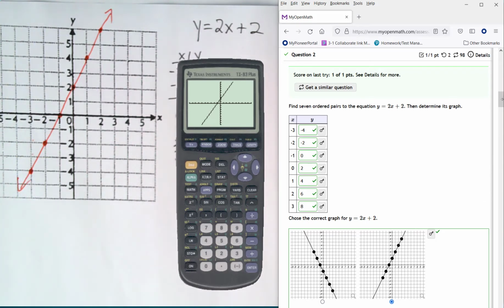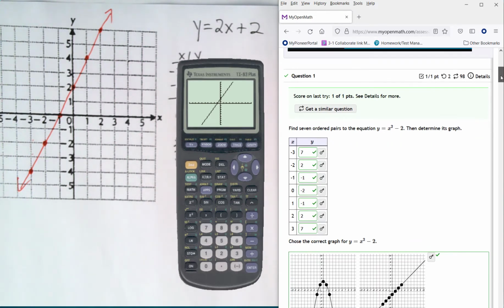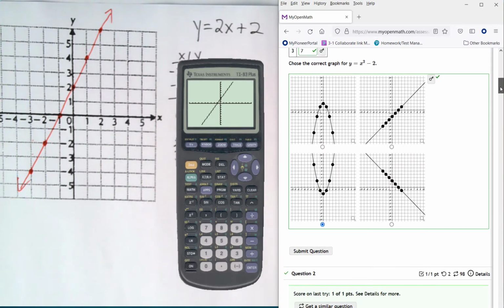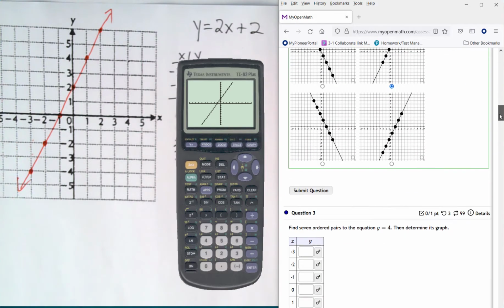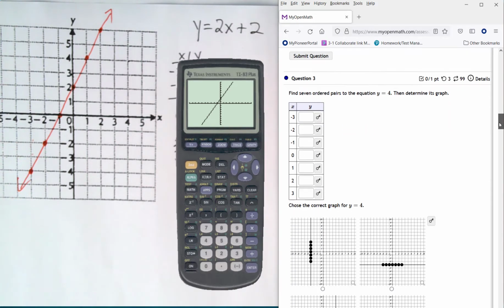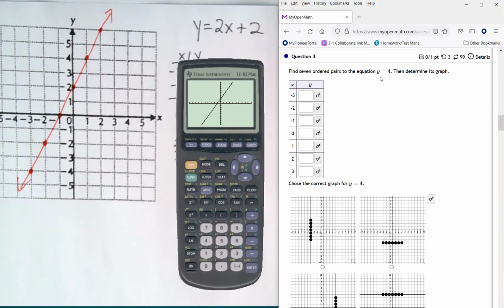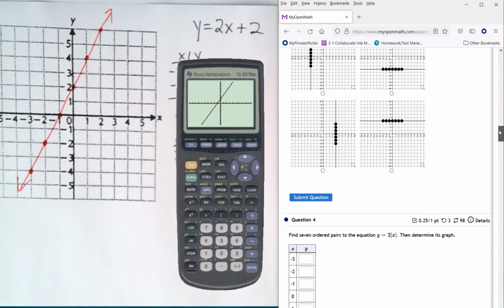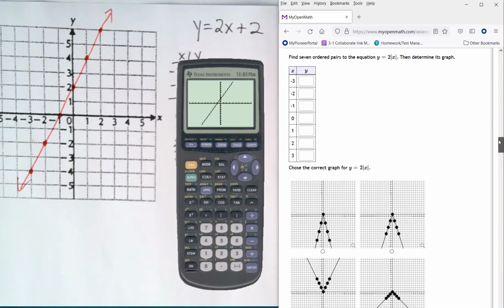All right, so we have looked at a line. We have looked at a parabola. Let's see for problem 4 what we have. Problem 3 is a special line, y equals something. So it's going to be a horizontal line, but you can do that one.